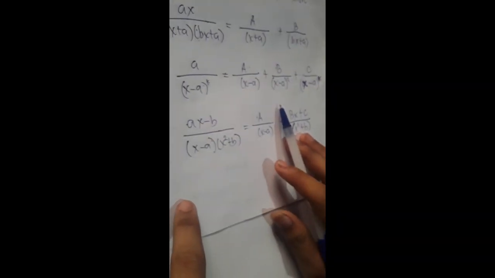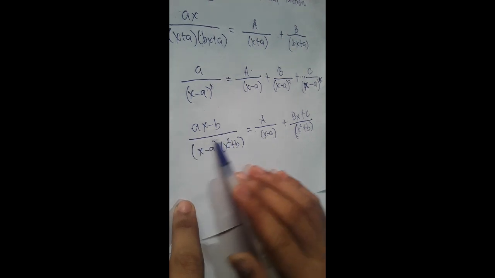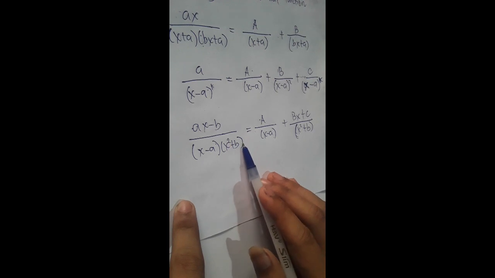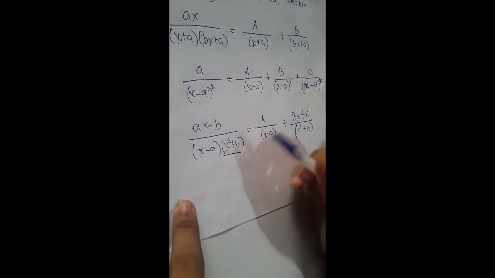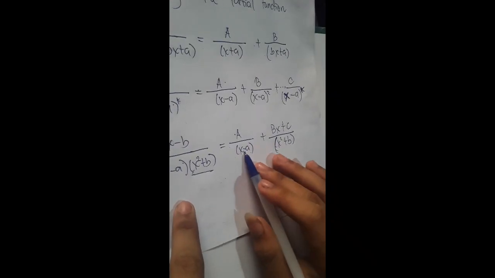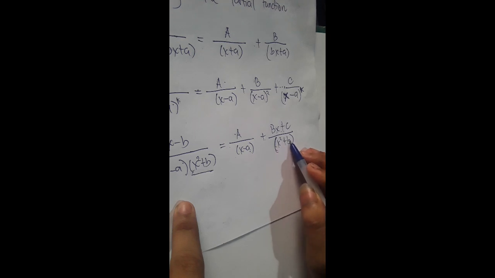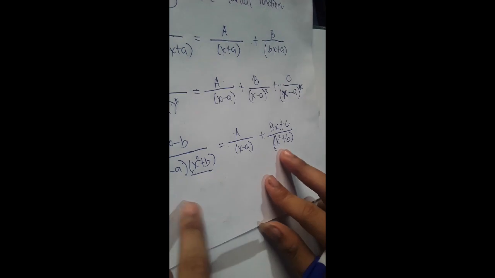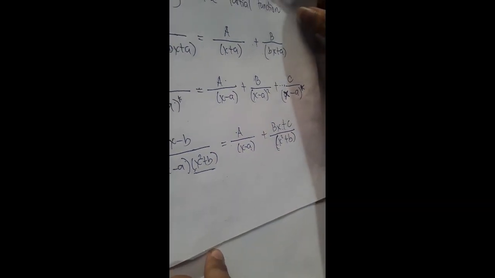And we also have here ex minus b over x minus e times x squared plus b, a quadratic function. This will be equal to a over x minus e plus bx plus c over x squared plus b, because this is a quadratic function. So we have an idea already on how to decompose the partial fraction.